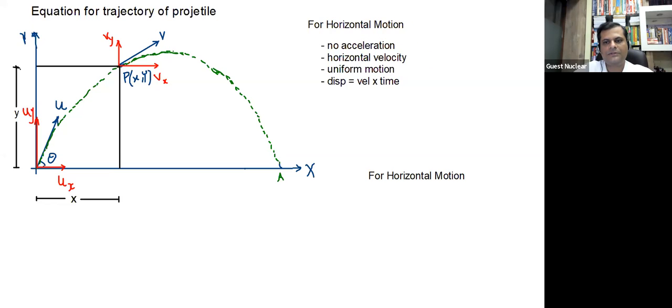See here what happens for horizontal motion, and now we'll discuss what happens for vertical motion.